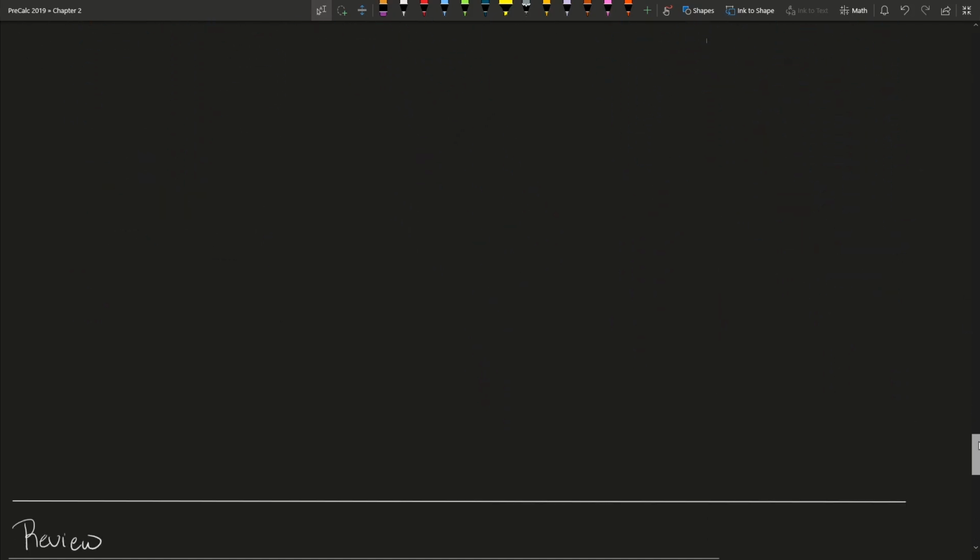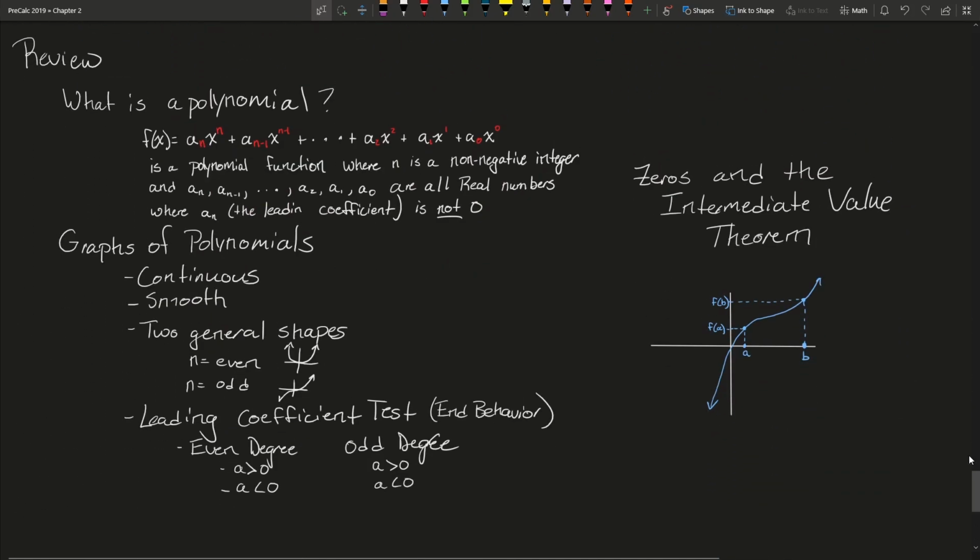So as a review, we've gone over several different things, and this is a lot of information, but this is a condensed version of everything that we've gone over. So first, the definition of a polynomial. Second, the graph of polynomials and the rules that they follow. So they are continuous, they are smooth, they generally take two different shapes based on their degree, either even or odd, and their end behavior is determined by their leading coefficient.